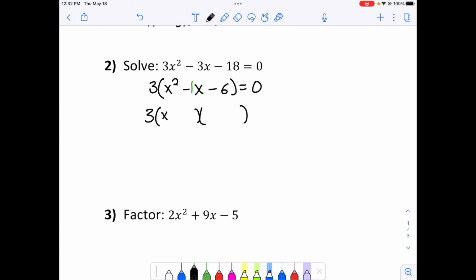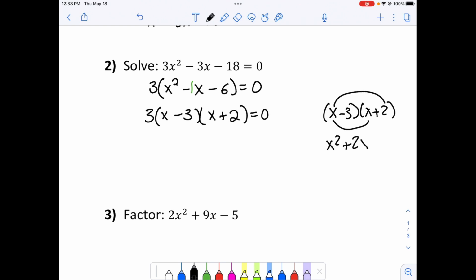So that would be x minus 3 and x plus 2. And I know that because if I were to multiply that over to the side, x minus 3, x plus 2, this gives me x squared plus 2x minus 3x, and then minus 6 here. And so I do get back to my original trinomial.